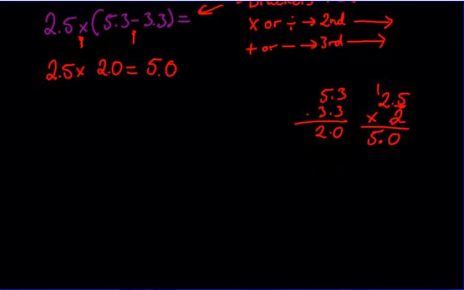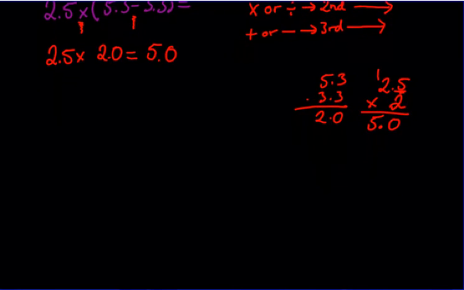So maybe I should try another question. Let's try something a little more difficult. What if I chose 6.57 divided by, in brackets, 8.37 minus 1.8.